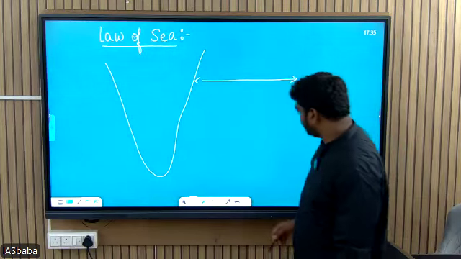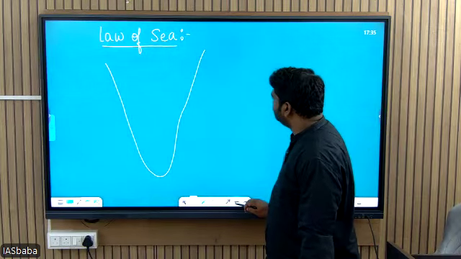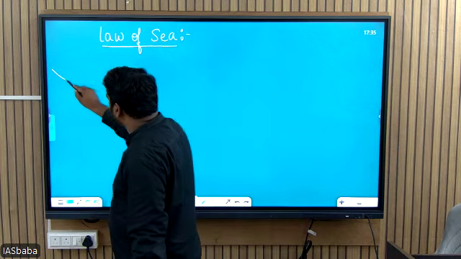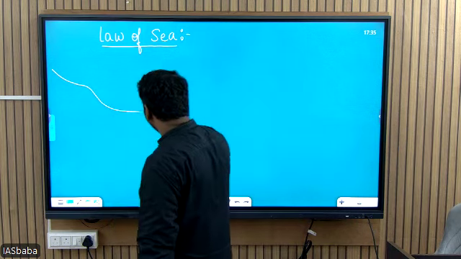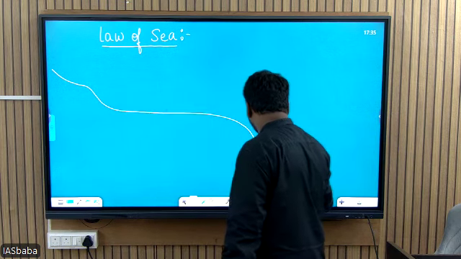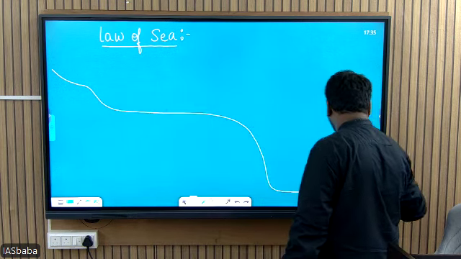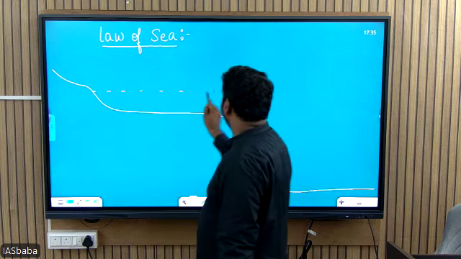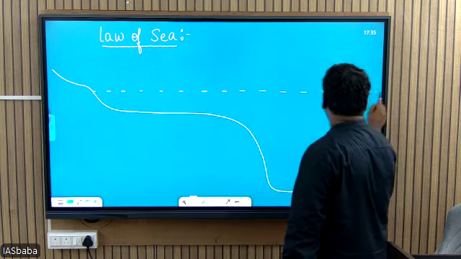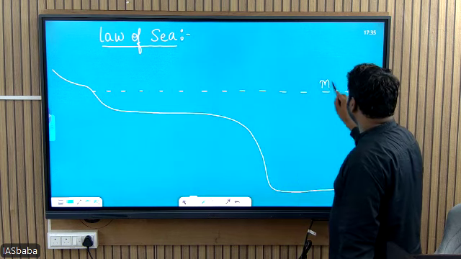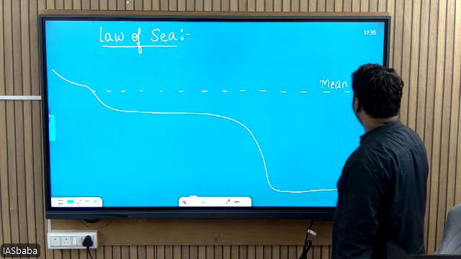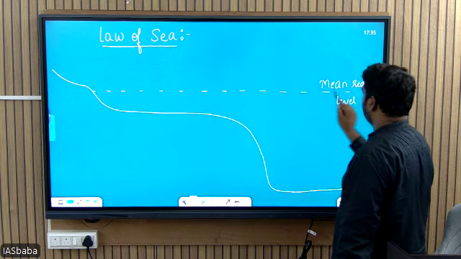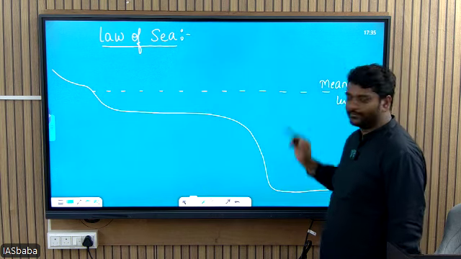tries to tell us. Now, if you take a particular ocean, let us say this is the mean sea level, actual sea level.